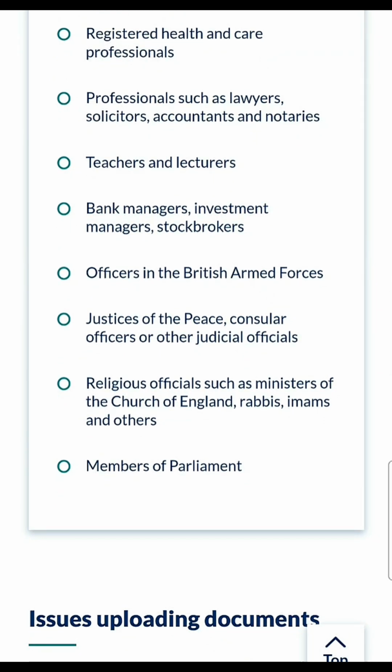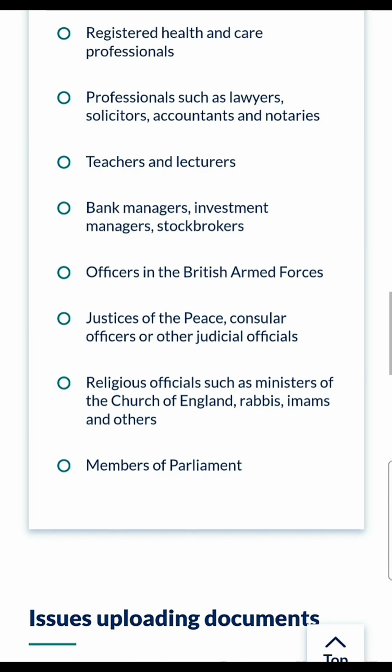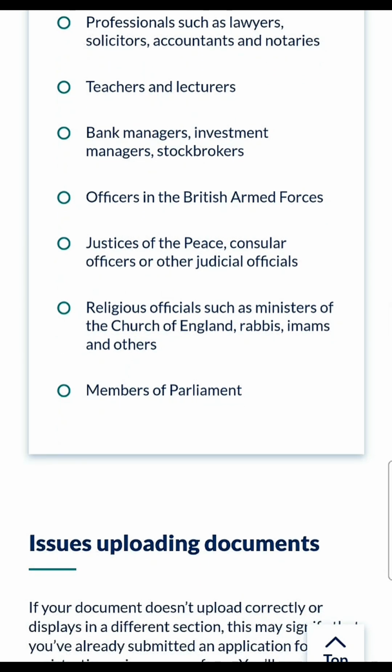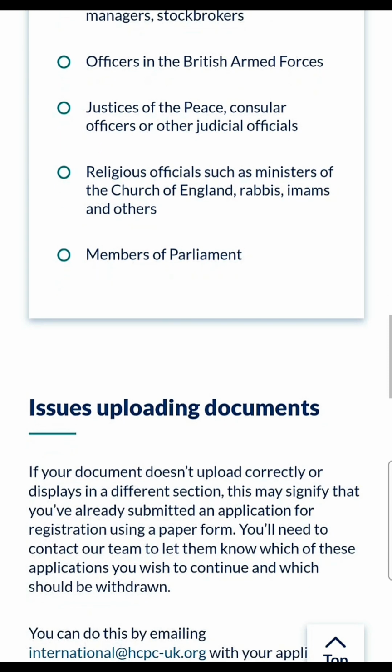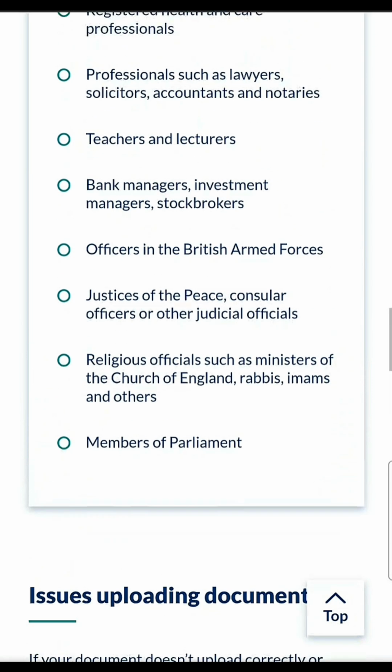Professionals such as lawyers, solicitors, accountants, notaries. So that is it. Teachers and lecturers, bank managers, investment managers, stockbrokers, officers in the British Armed Forces, justices of the peace, consular officers or other judicial officers, those in the parliament, religious officials such as ministers of the Church of England, rabbis, imams and others.